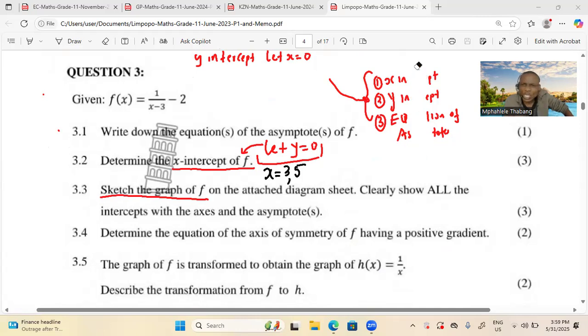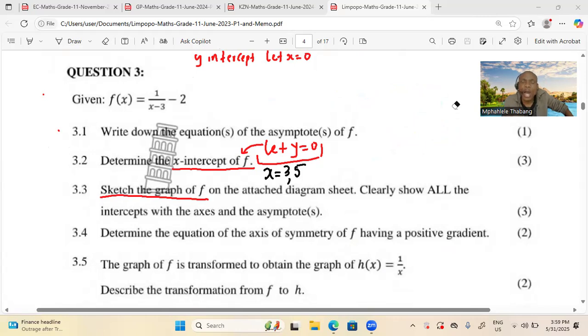What is actually the y-intercept? The y-intercept is the y-cut of the graph. So we are talking about where the graph cuts the y-axis.